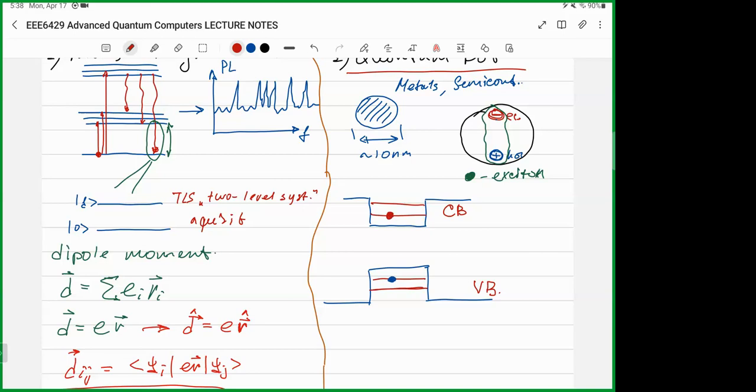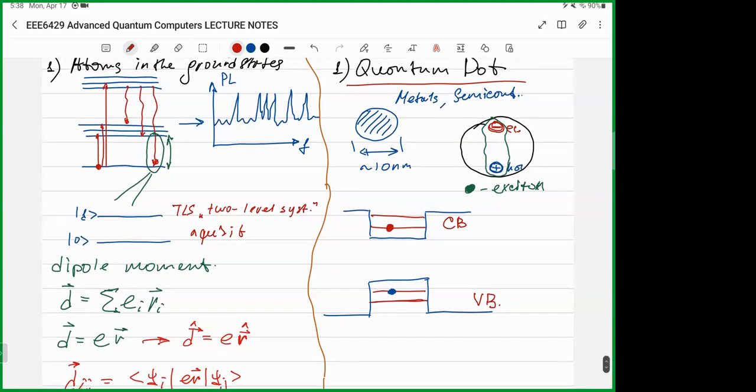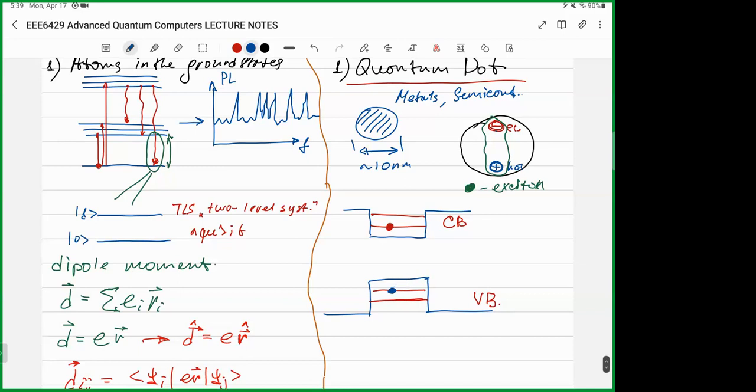So basically, the quantum dot can either trap the electron and hole from the surrounding area, or light excitation can cause the electron to transit from the valence band to the conduction band, and due to this, the structure is very small, we have well-defined quantum states in the structure.